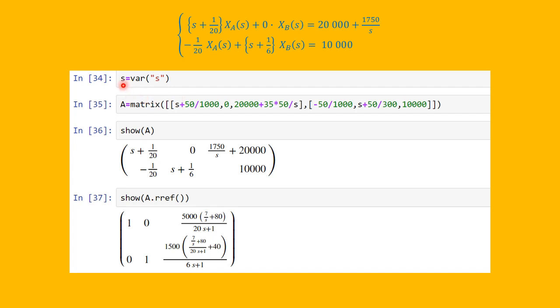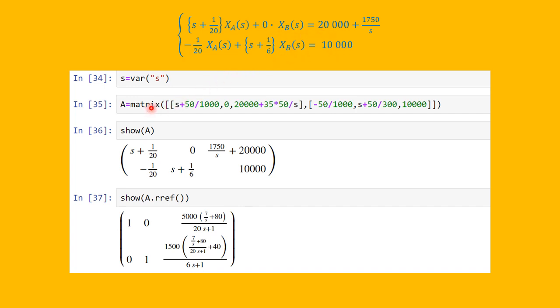So first we'll declare S to be a variable, and now we'll let A be the augmented matrix for this system of linear equations. Something times X sub A plus something times X sub B equals something, something times X sub A plus something times X sub B equals something.